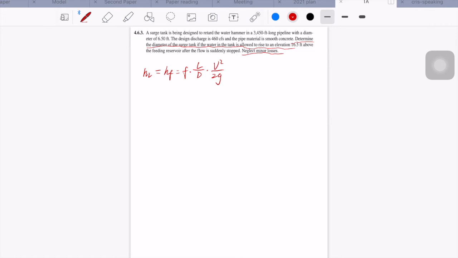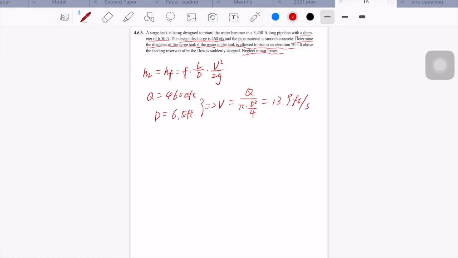From the problem, we know Q equals 460 cubic feet per second. The diameter of the pipe, D, equals 6.5 feet. So the velocity equals Q divided by pi times D squared over 4, so the velocity equals 13.9 feet per second.